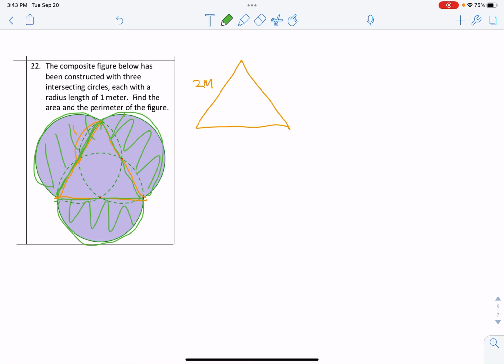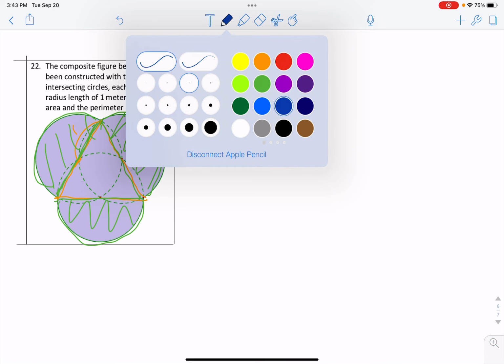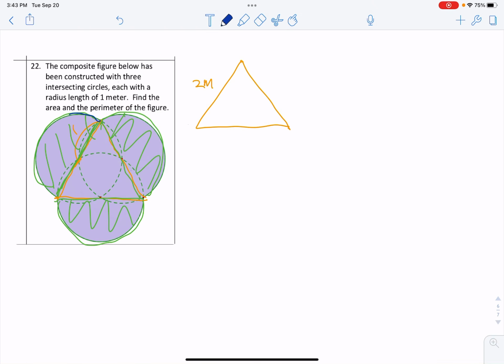And then to find the perimeter, you can see it is half of the circumference of each circle. So 3 half circumferences. If you add them together, it will be the perimeter of the figure. So we're going to find the area first.